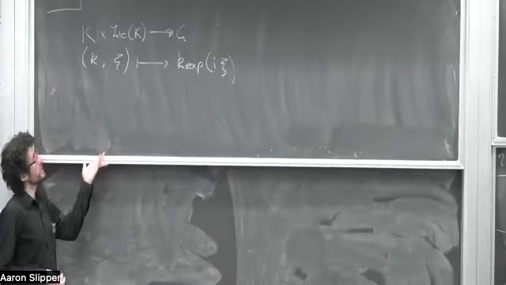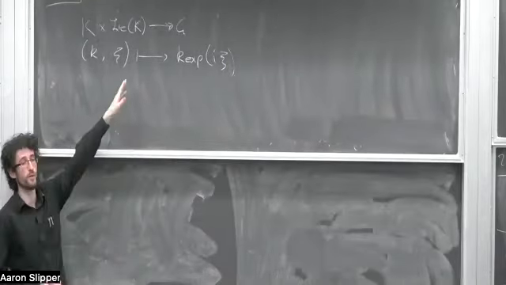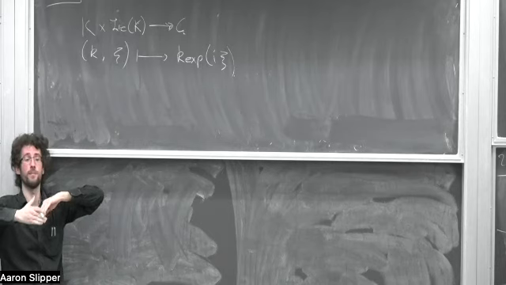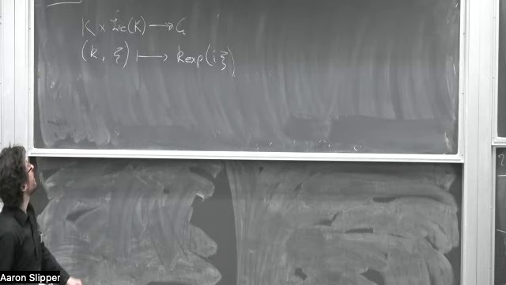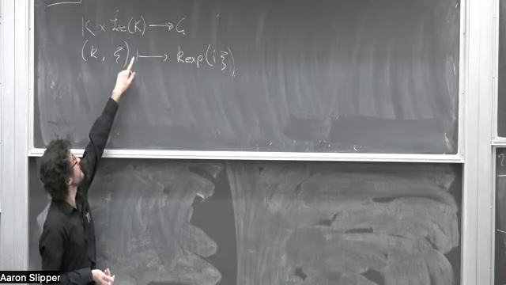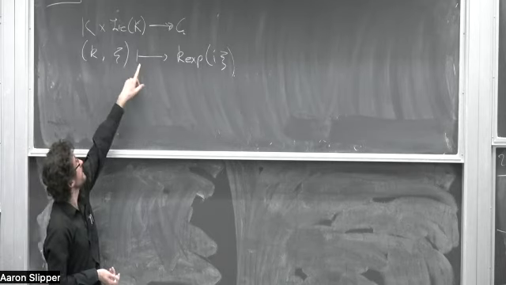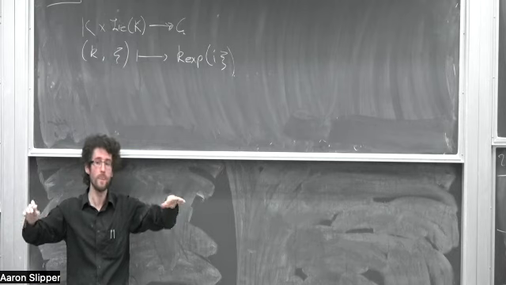And what this means is if you think about how the G action acts, K is going to act on fibers of the moment map because it's K equivariant, while this part will tell you how you move around between fibers.